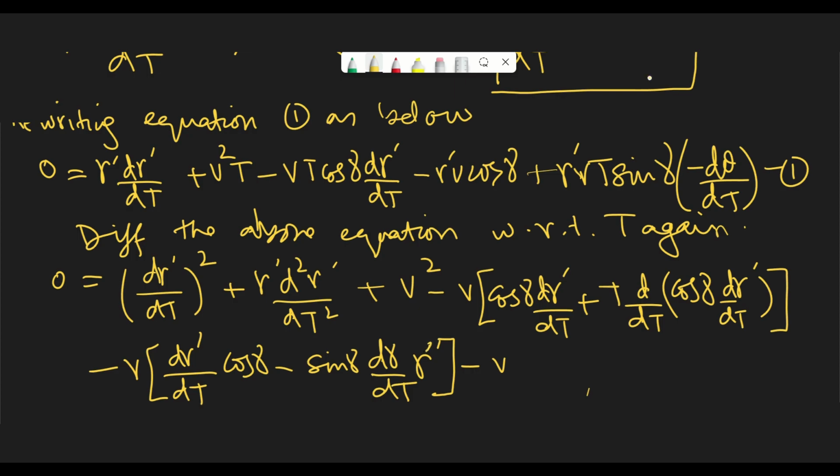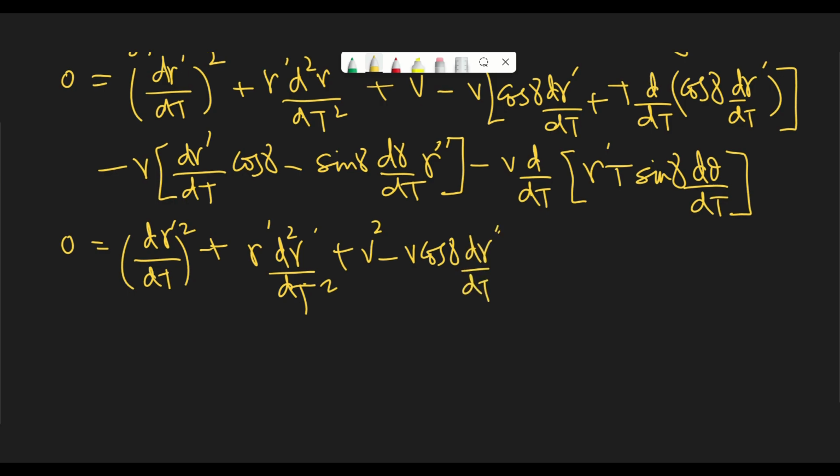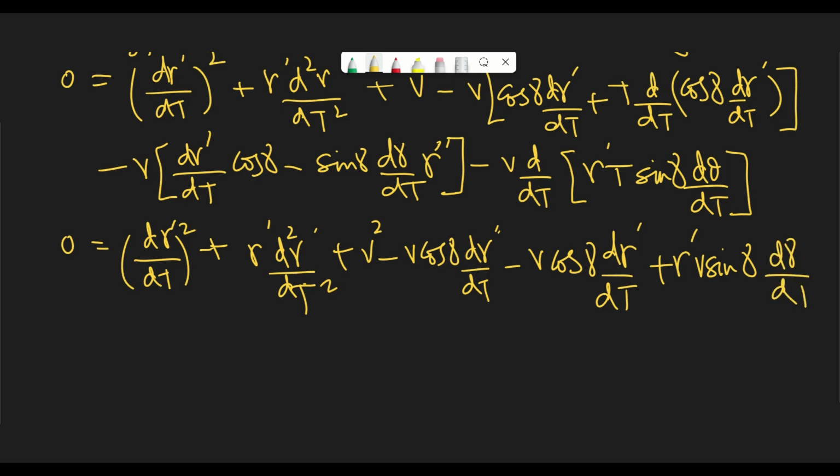Minus V d by dt of R prime T sin gamma d theta over dt.